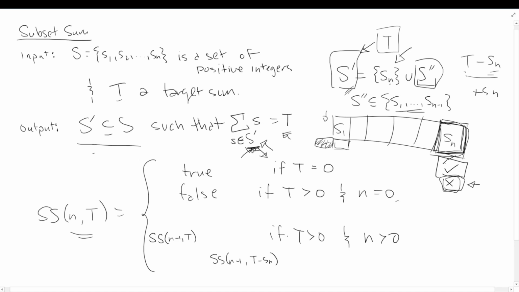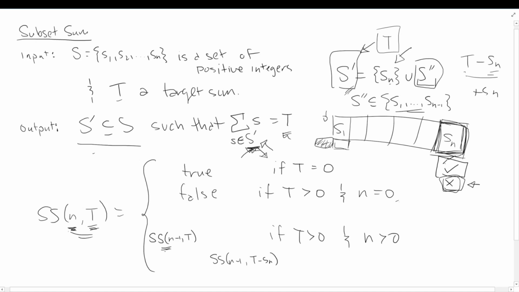Okay. So basically what we're saying is, in our main case here, we can make a subset of the first n elements that adds up to T if one of two possible cases occurred.